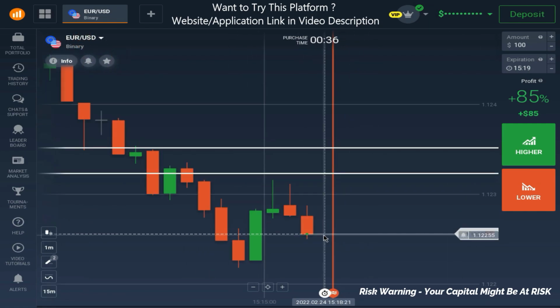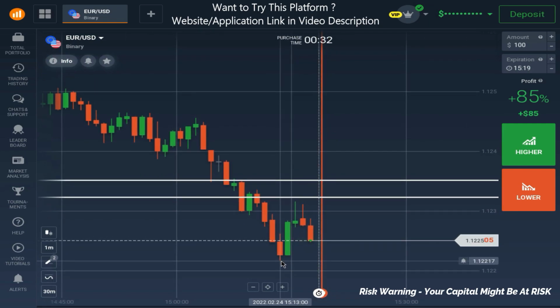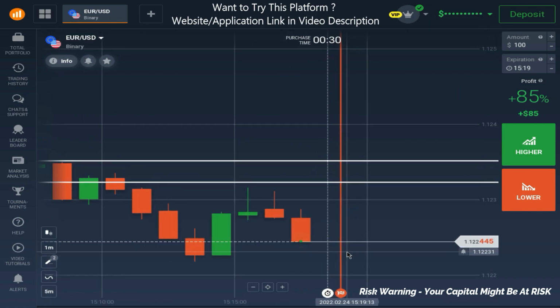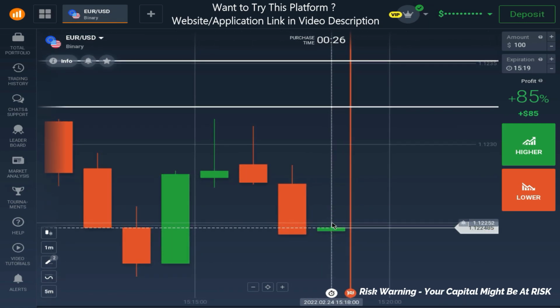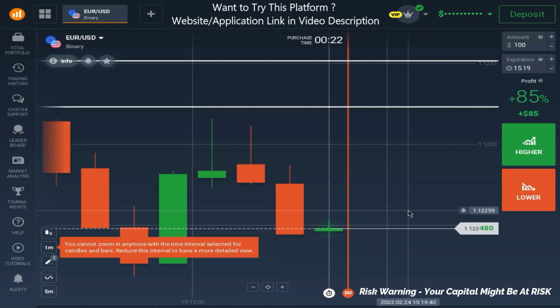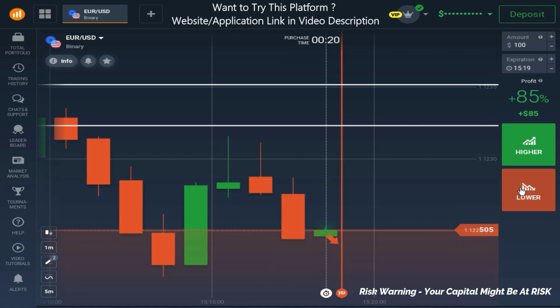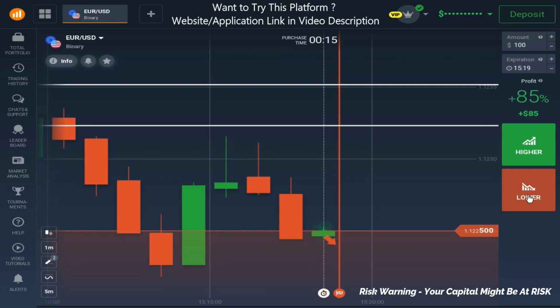I can see that this is the next support level. So the chances are really high that market is going to hit this level. So what I will do, I'll wait for the market to go up and have some rejections from the upper level, and then we can surely place a trade. I'm ready to place my trade if we get any confirmation.